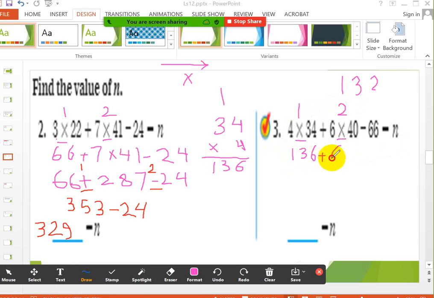And I will write the numbers left in this expression: plus 6 multiply 40 minus 66. So I did my first operation from the left side. After that I have to do the second one, which is here, 6 multiply 40.